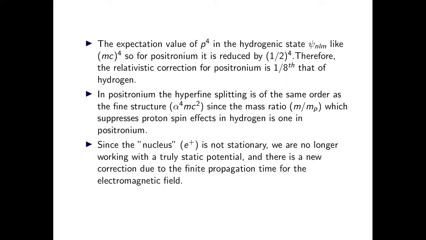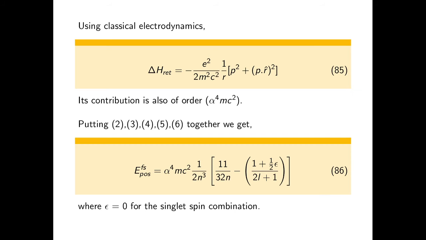And since the nucleus is not stationary exactly, we're not working with a truly static potential. It's basically just a system of two particles. And yeah, there is a correction which we will get to, like I said earlier. Yeah, next slide, please.